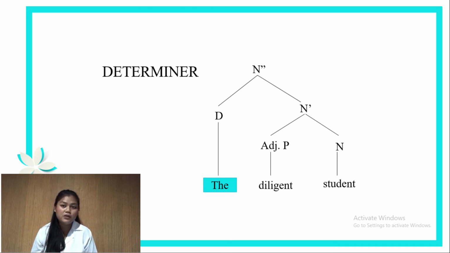This diagram shows you that N double bar branches into determiner and N bar, where the determiner of this phrase is the, and N bar branches into adjective phrase and noun. The adjective here is diligent and students is the noun.